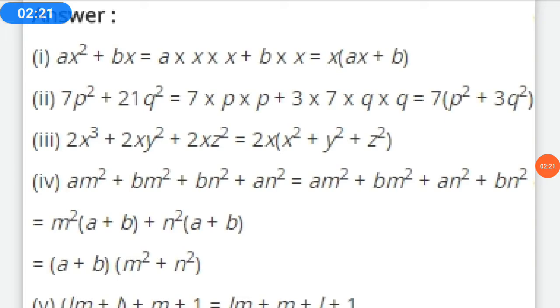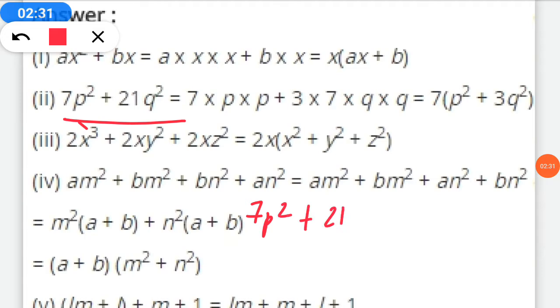Then we are having next, 7p square plus 21q square. So dear student, from this expression, can we take 7 as a common? Because 7 and 21 both come in the table of 7 itself. So here we can take 7 as common.